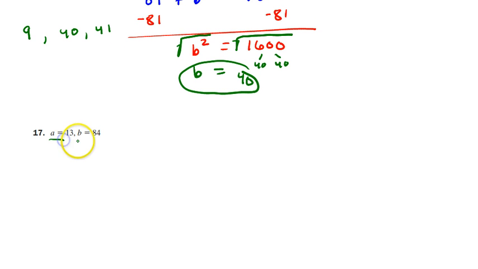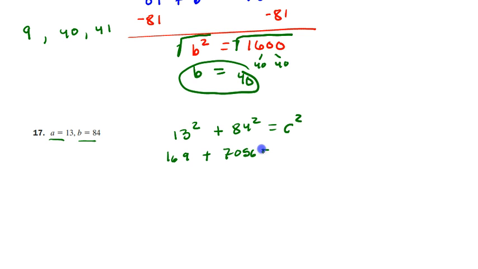Here I'm being given A and B. So A squared is 13, so 13 squared. B is 84, so 84 squared is going to equal C squared. So I get 169, again I'm doing the squaring first, plus 7,056 equals C squared.